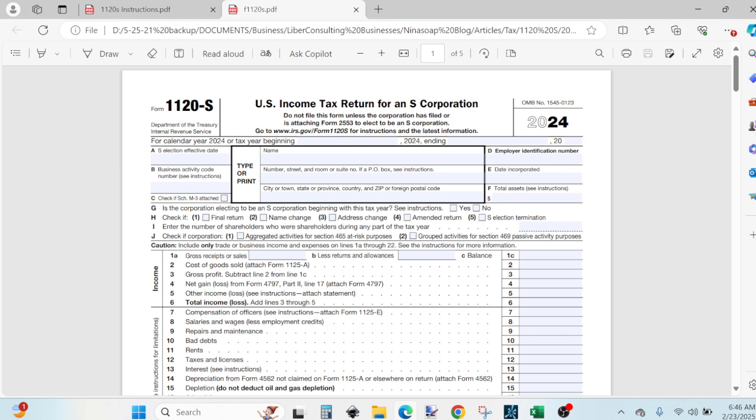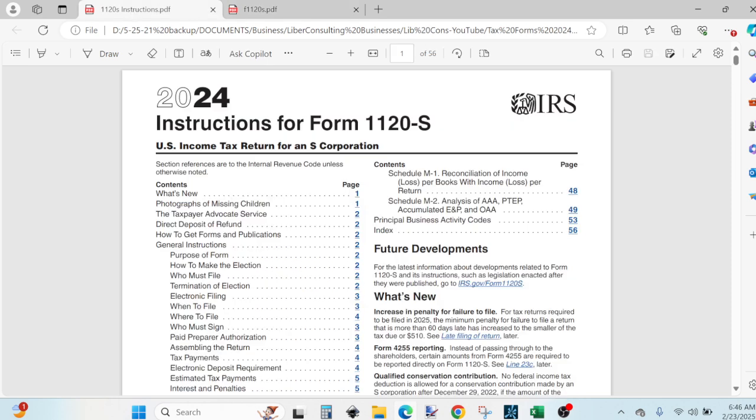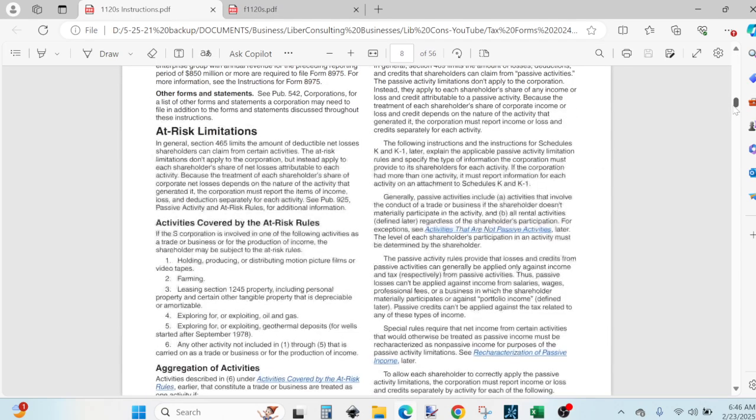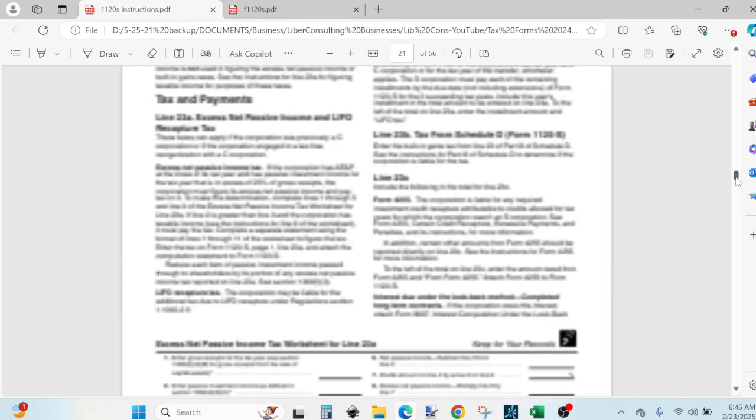When you elected to be taxed as an S-Corp, you'll add the date. You'll add your business name, your business address, city, and state. So you'll add the business code, and if it's not the first time filing your business tax return, you should have that code already on file.